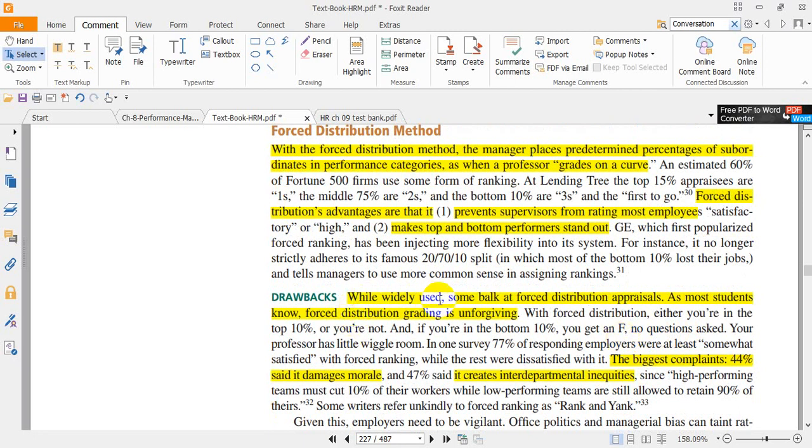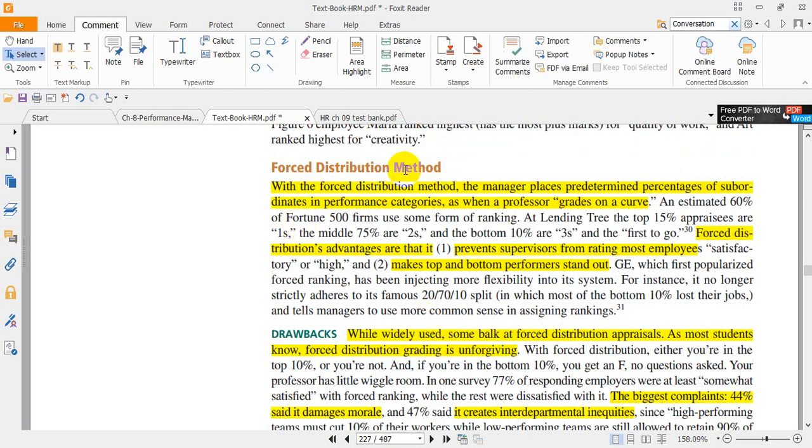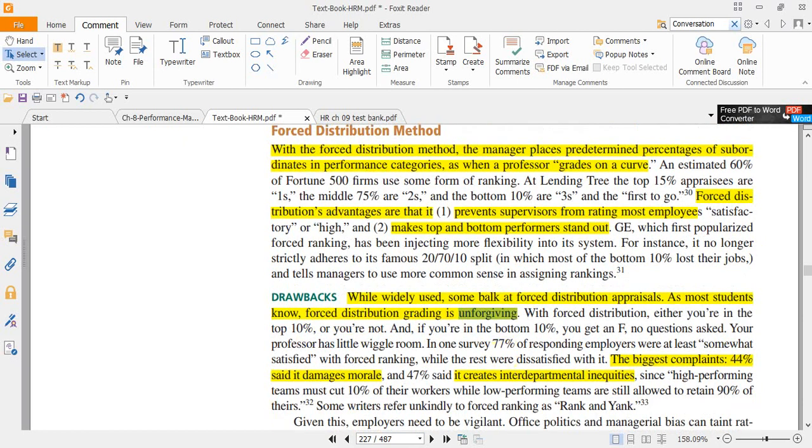While widely used, this forced distribution method has drawbacks. Some balk at forced distribution appraisal. As most students know, forced distribution grading is unforgiving.